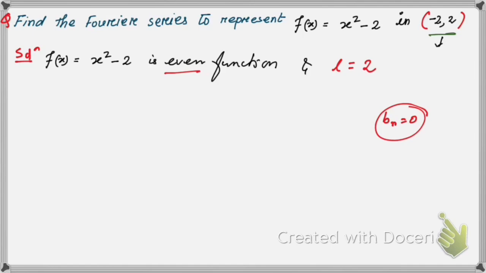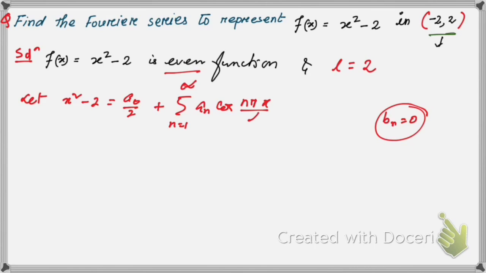Therefore our Fourier series for this function, x square minus 2, can be written as a naught by 2 plus summation from n is equal to 1 to infinity an cos n pi x by l, right? This is equation number 1.